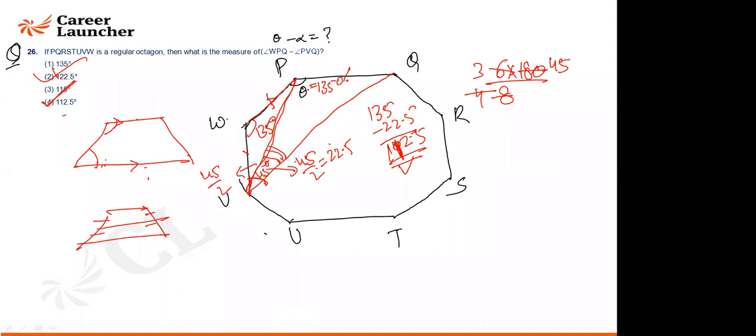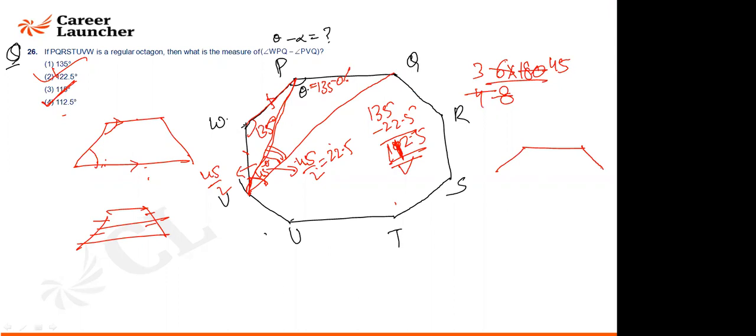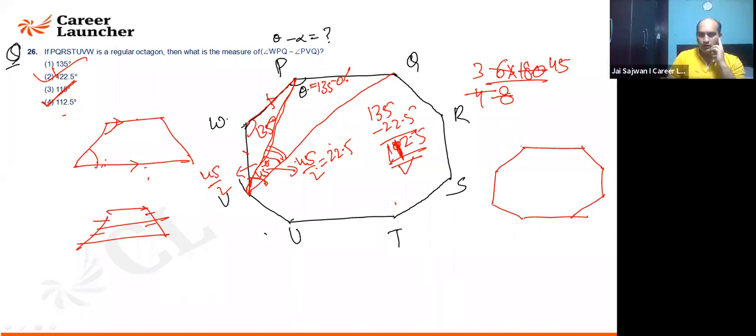How did you say that? Do you know that this is a regular polygon? Yes. Okay, this is regular polygon. Now, when you are talking about the figure like this, if you are going to connect, look at this.